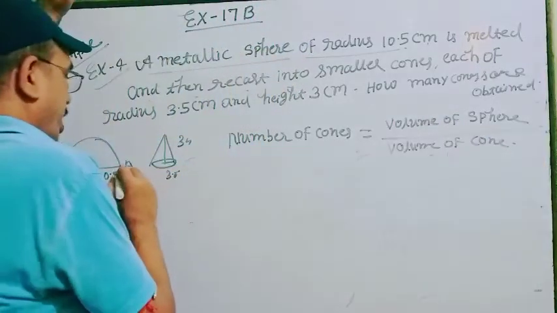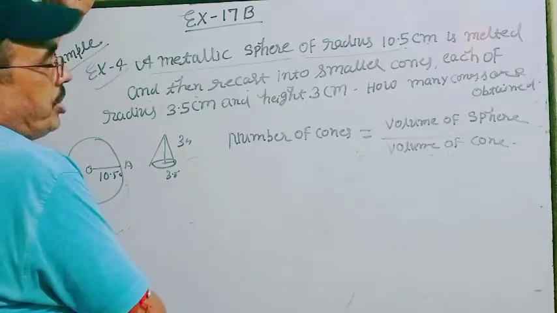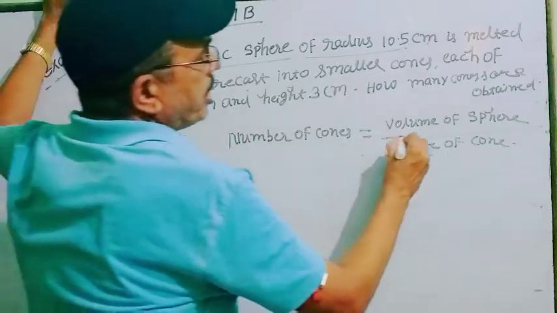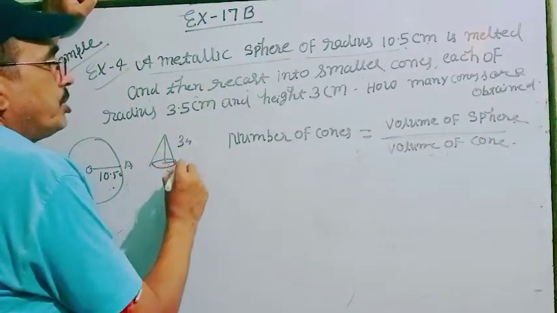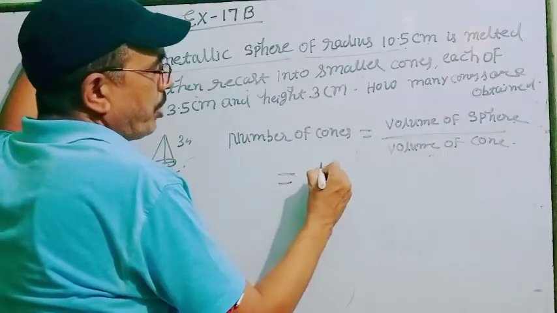Because here in this question a sphere is melted and recast into cones, so the solid that is melted, whose volume you write in the upper part, and the solid that is made from it, whose volume you write in the lower part. So now only write their formulas.